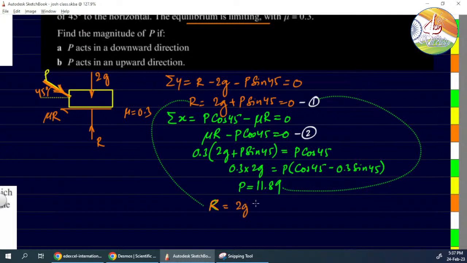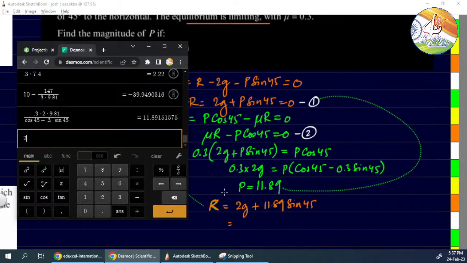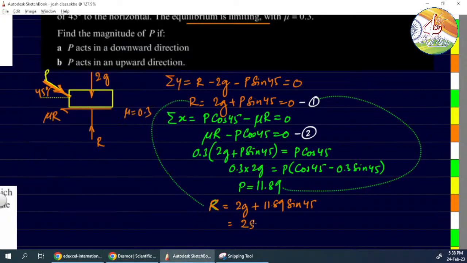R will be 2g plus P sin 45, that is 2 into 9.81 plus 11.89 into sin 45, which is 28.03. Both are in newtons. So that is the P value if it is acting downwards.